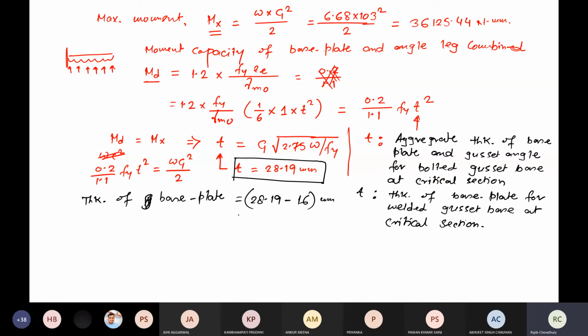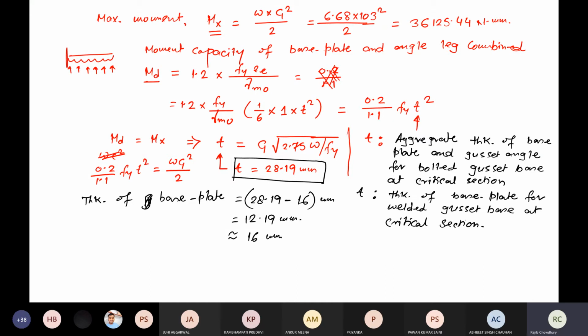So it is becoming 12.19 mm. Even though it is 12.19, in most cases I keep the equal thickness to ease the fabrication at the construction site itself.